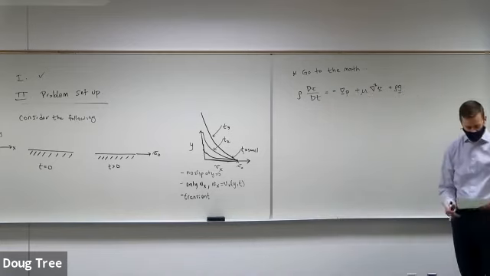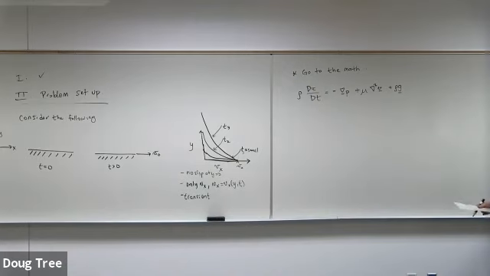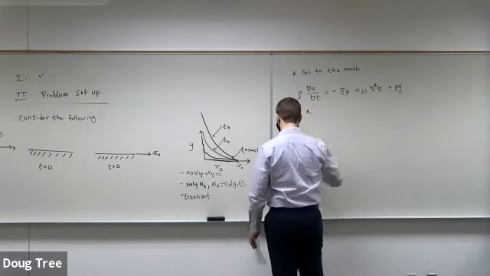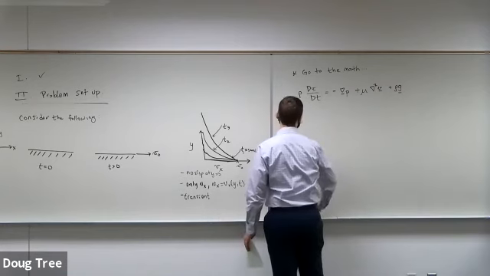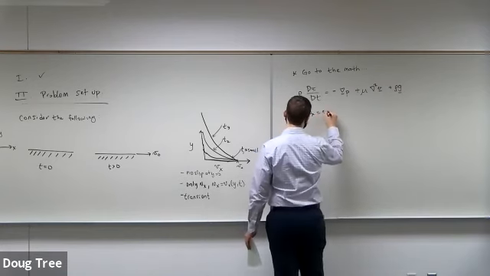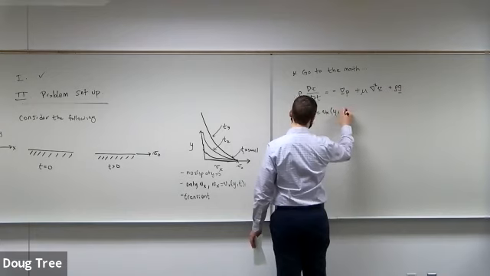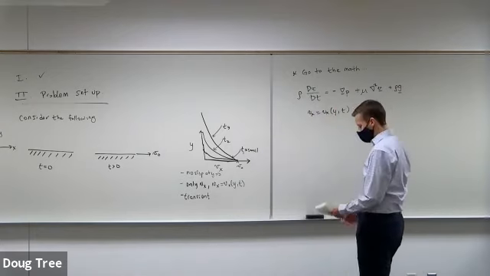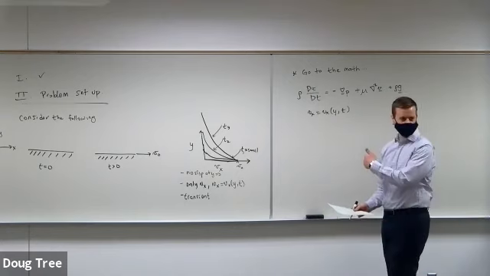Let's think about it. We said it's unidirectional, so Vx is a function of y and t. So we're only going to write down the x component.